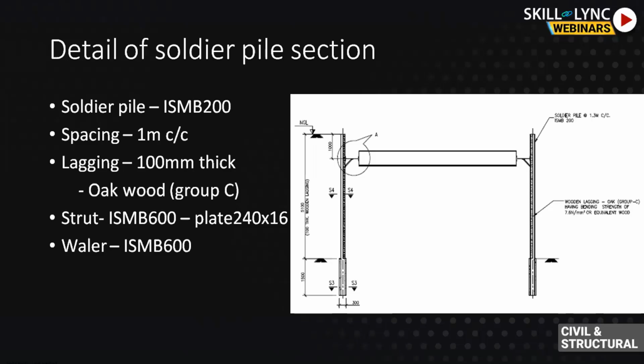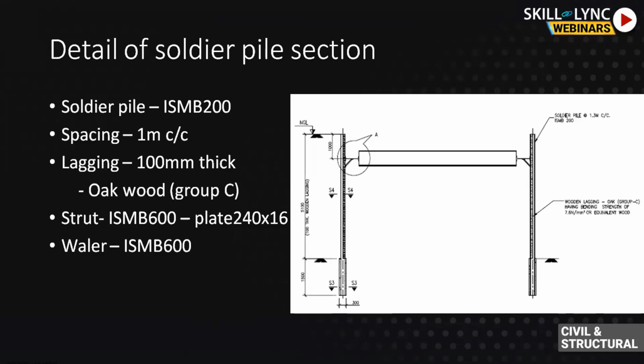For a depth of 5.1 meters, a soldier pile of ISMB 200 is used. You can see the embedment depth is 1500 mm, that is 1.5 meters, and the excavation depth is 5.1 meters. One level of strut is used to control the deflection, and it is placed 1 meter below the excavation level.